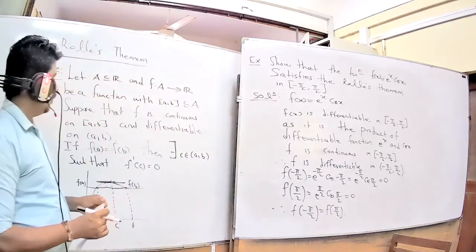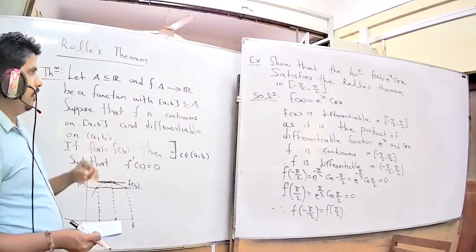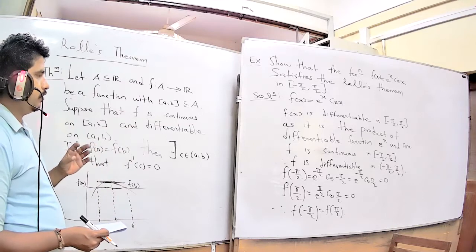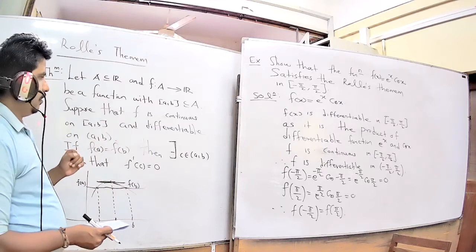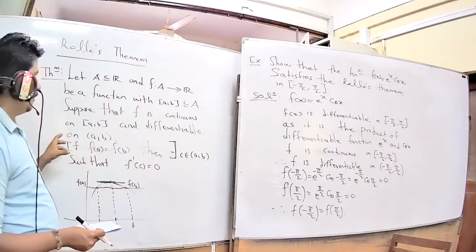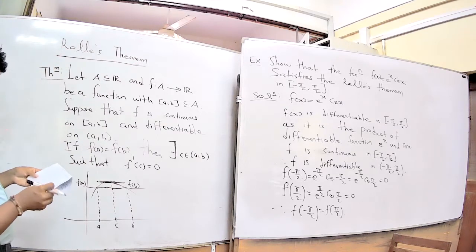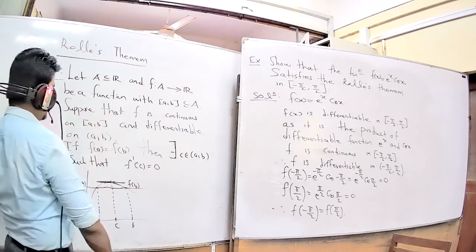Now this condition is satisfied, f is differentiable in minus pi by 2 to plus pi by 2, being a product of differentiable functions e power x and cos x. Now by Rolle's theorem, all the conditions of Rolle's theorem are satisfied.